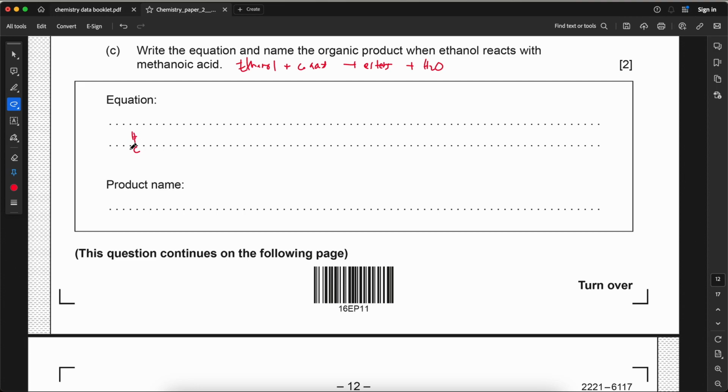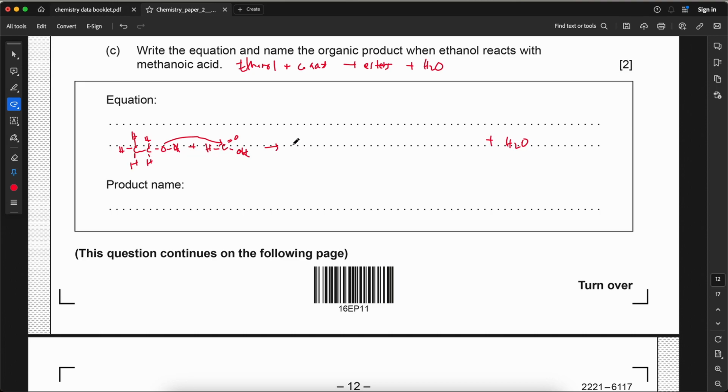Ethanol, when it reacts with methanoic acid, will produce this. O will attach to the C, OH will be discarded and H will be discarded, produce water.